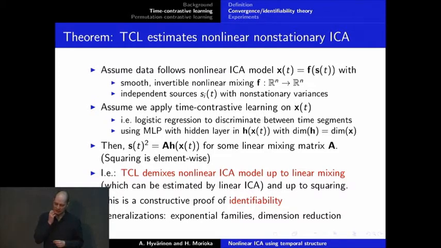Although, at least in some simulations, we have found that you could just try to find the length of the segment that gives you the best classification accuracy. I'm not sure if that works in general, but at least in some simulations it seems to work. But that's more of an open question. At the moment we are thinking that perhaps based on some a priori knowledge, you can fix a reasonable length of the segment.